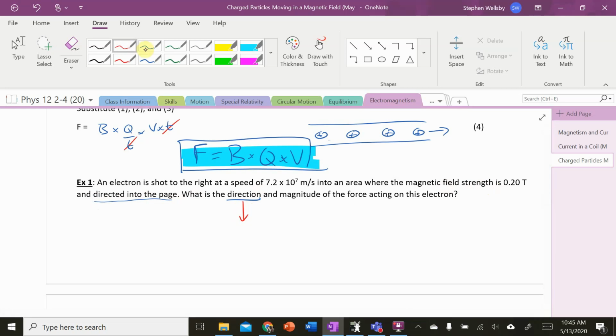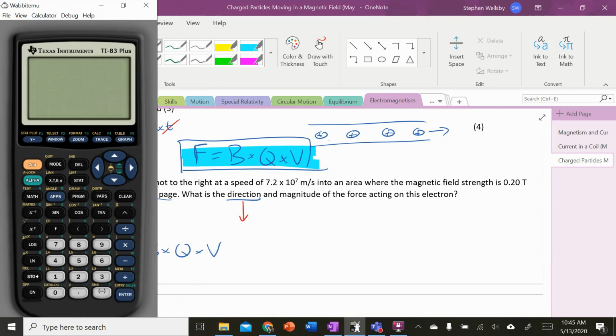Now, what's the magnitude? For this, we have to go ahead and use our trusty formula we just derived. F equals B times Q times V. Now the B given here is 0.2 Teslas. So we have 0.2 Teslas multiplied by the charge.